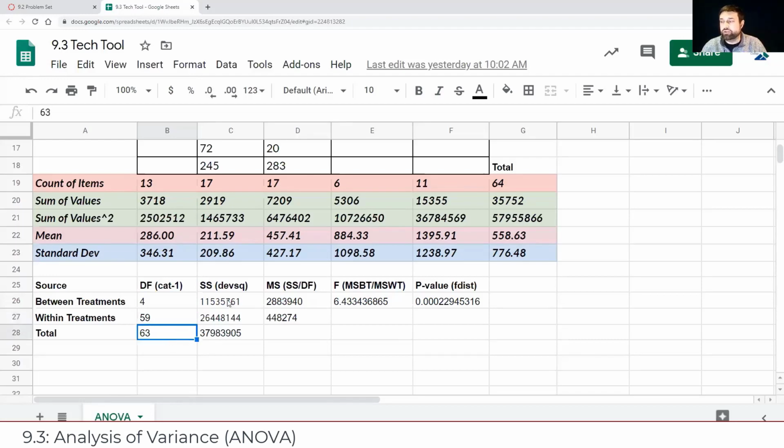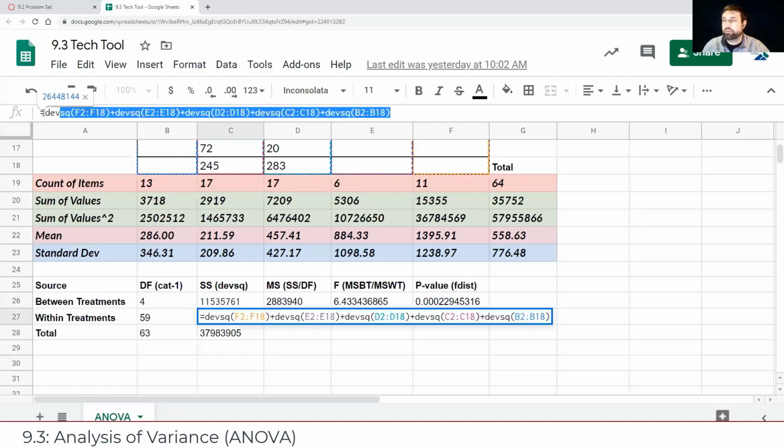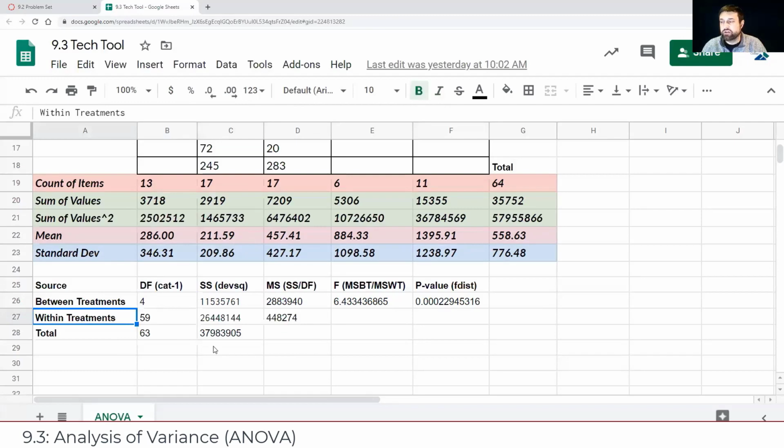Then what we do is we do the sum of the squares of the between. So we take these two, well, actually what we're going to do, this is the calculation. So what you're doing is you're taking the deviation squared of each individual data column and adding them up. That will give you the within treatments.